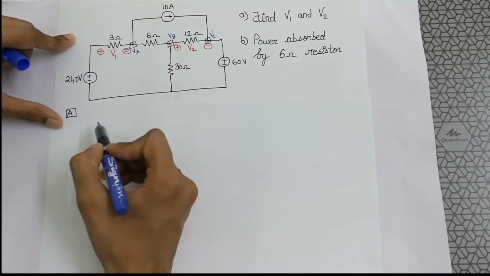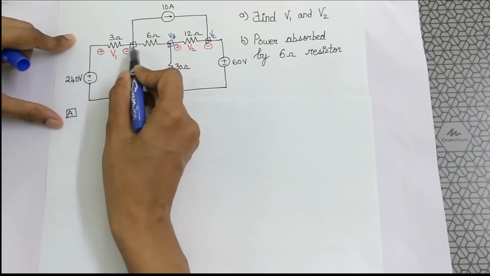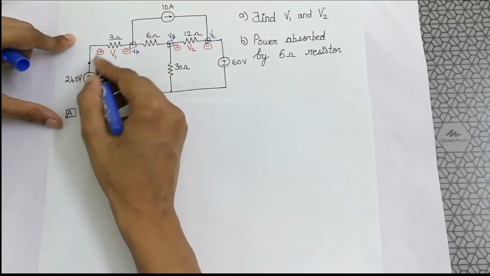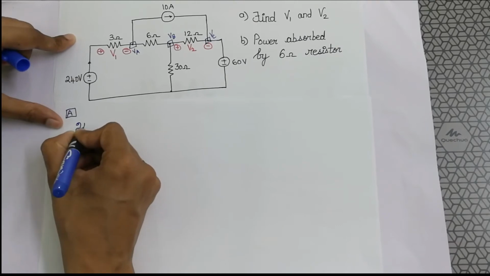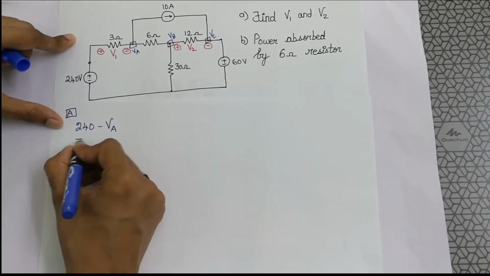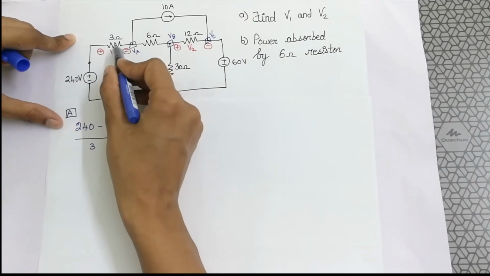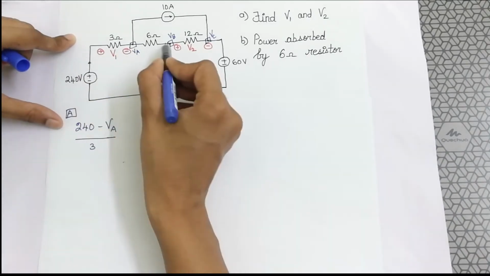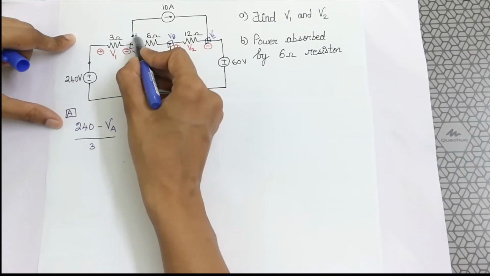If I apply Kirchhoff's current law here, I will get 240 minus VA as the voltage that is across the 3 ohm resistor. So 240 minus VA divided by 3 ohm, because voltage divided by the resistance is the current. I am assuming that all the currents are entering this node except the 10 ampere which is leaving.